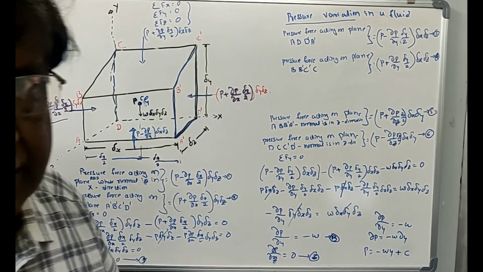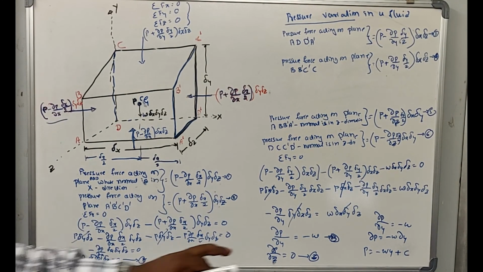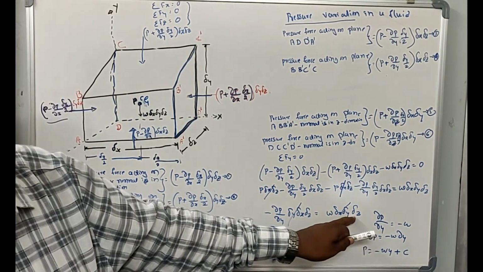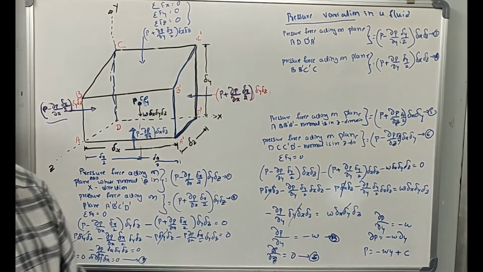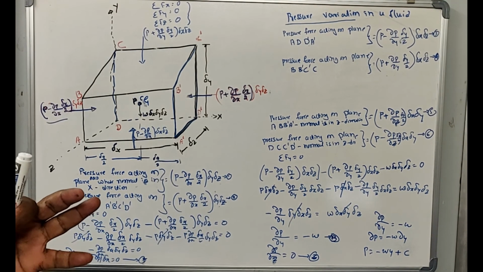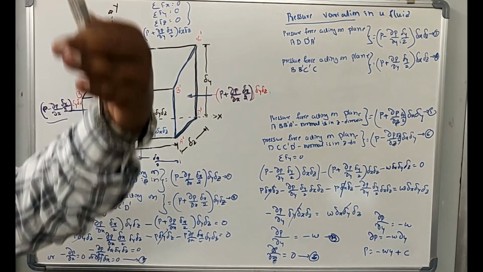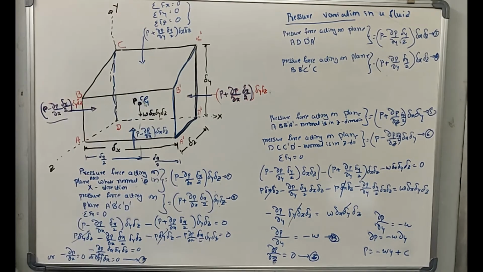So we will stop this class at this. I think in this class it is very clear. This is called the differential equation to know the variation of pressure. The application of this we will study in the later classes. By the end of this unit, you should be able to apply it to practical problems where it is required to know the variation of pressure on the surfaces or on the supporting planes.